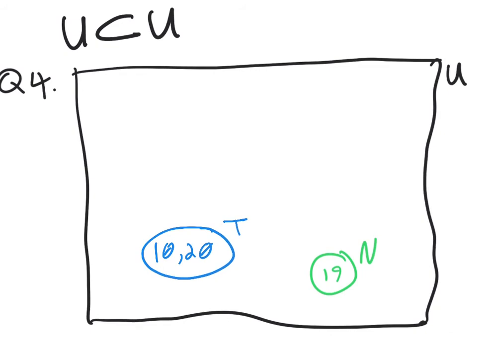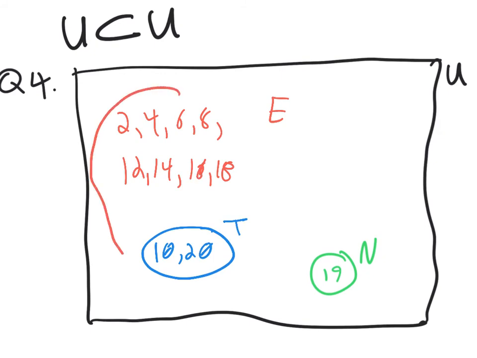Please note that T and N don't have any elements in common, so these are drawn separate from each other inside of U. E, however, did have elements in common. So when we look at set E, it contained 10 and 20, and it also contained some other elements, 2, 4, 6, 8, 10, 12, 14, 16, 18, and 20.